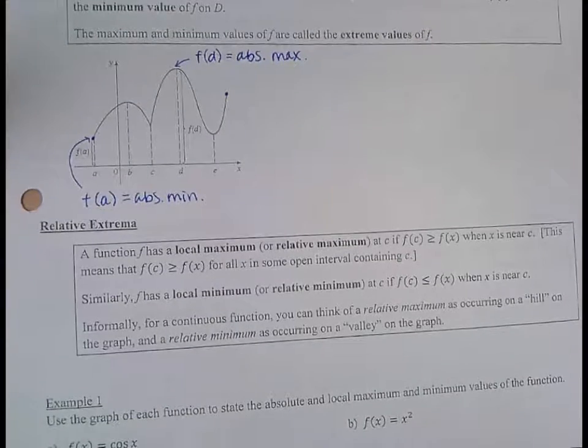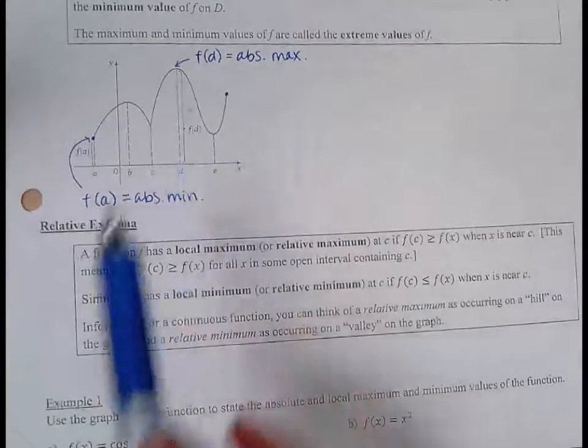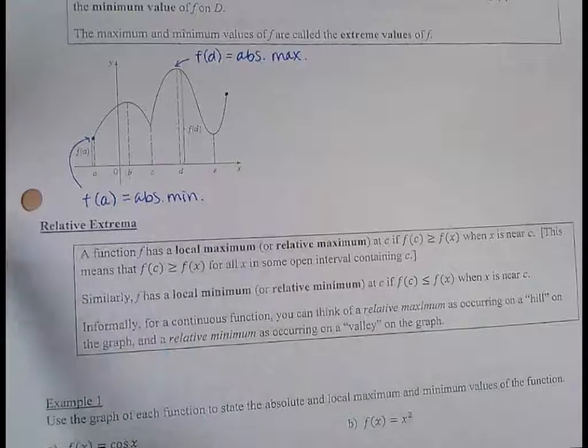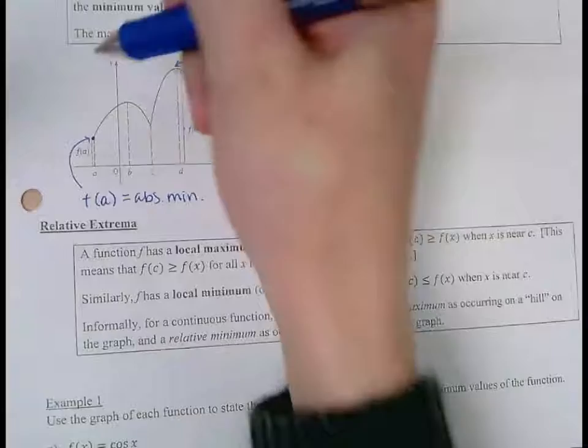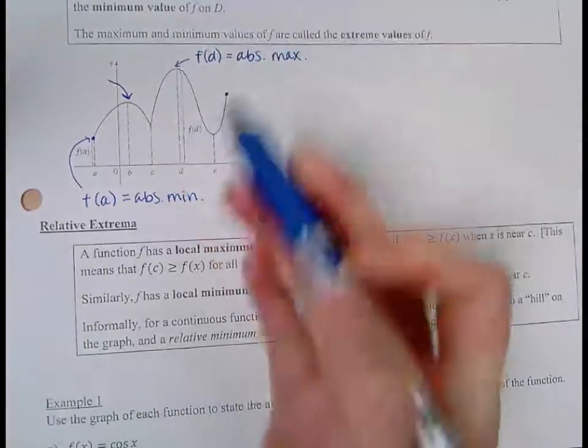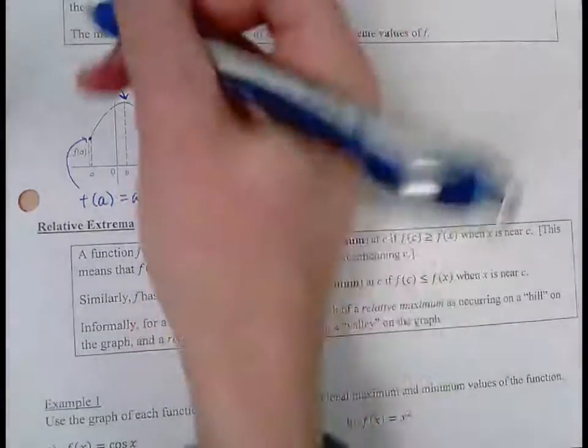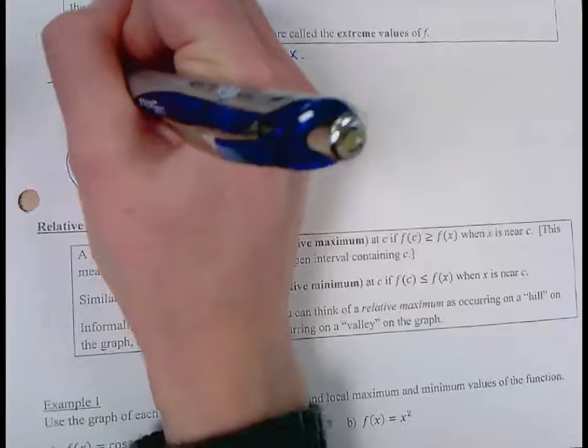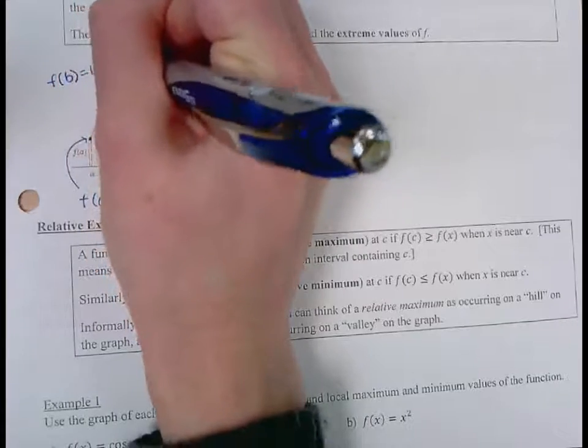So, for example, on this graph again, I'll say this. There are two local maxes and there are two local minimums. So here at B, where that hill is, f of B would be a local max.